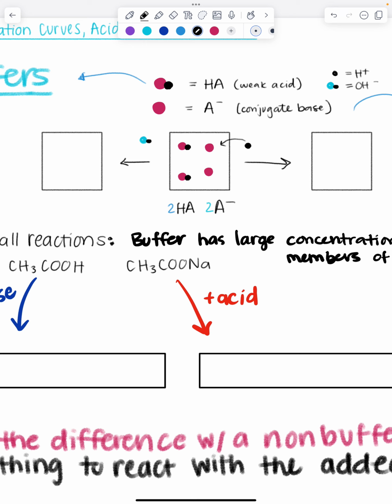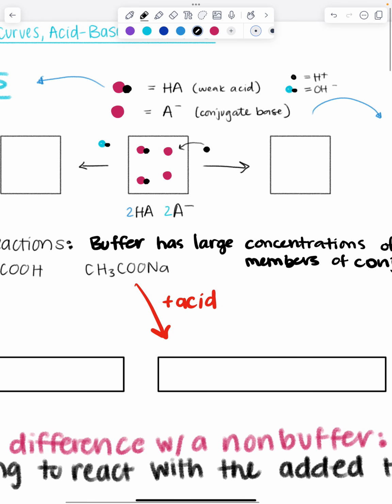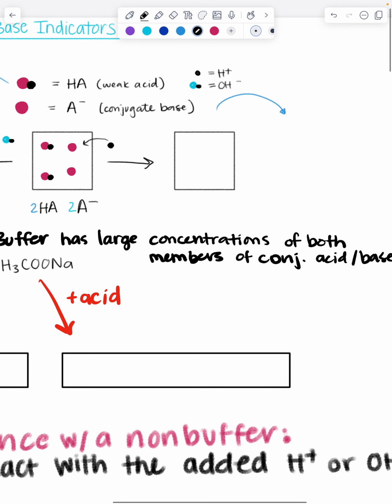So when I add this H plus ion, it's going to react with the conjugate base to form now the weak acid in solution. So the overall reaction is A minus plus H plus yields HA, or in solution we can also write it as H3O plus plus A minus yields HA and water. Okay, so the water is really also an indication that there has been some kind of neutralization that's happened.